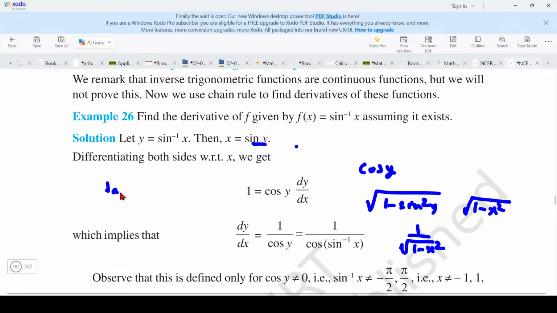Similarly, do the differentiation of tan inverse x. Shreyas, you got it, no? Yes, sir, I got it, sir.